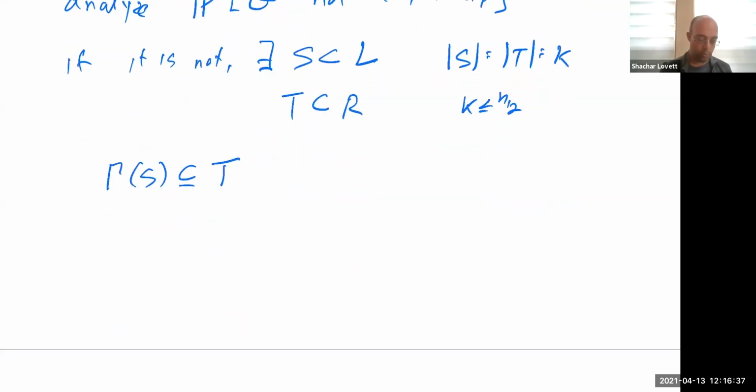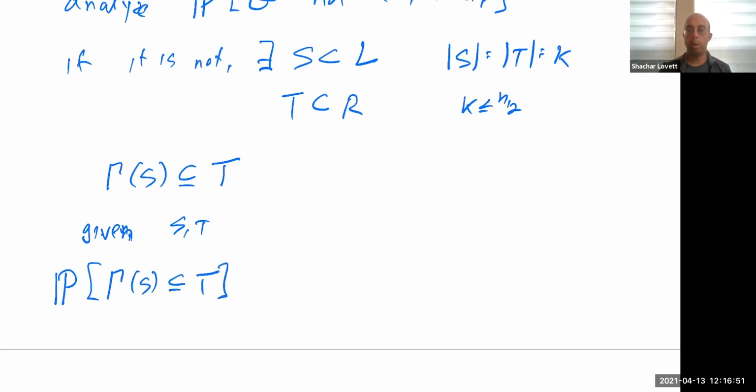So what is this probability? Given S and T, what's the probability that all the neighbors of S lie in T? Well, how do we choose these neighbors? For every node in S, we choose its d neighbors completely at random, uniformly. So it's going to be T choose d over m choose d.